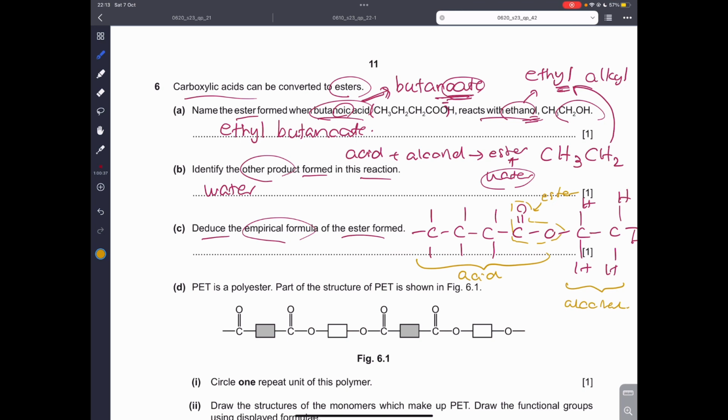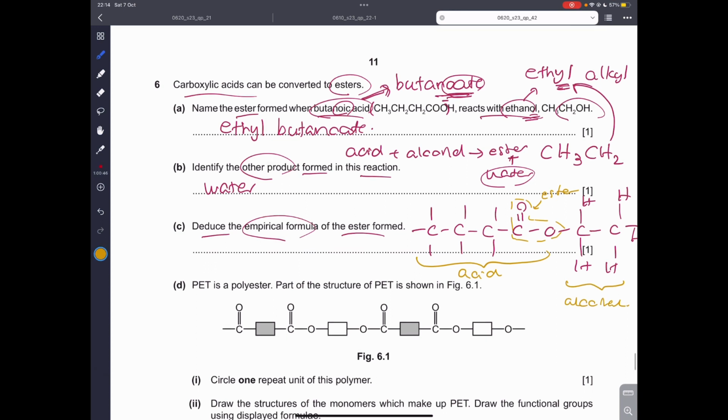So we can write the empirical formula, just count the number of carbons, the number of hydrogens, the number of oxygens, always draw them out. We can see that there are 1, 2, 3, 4, 5, 6, 6 carbon atoms. There are 1, 2, 3, 4, 5, 6, 7, 8, 9, 10, 11, 12, 12 hydrogen atoms and 2 oxygen atoms.